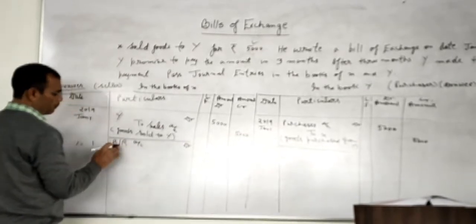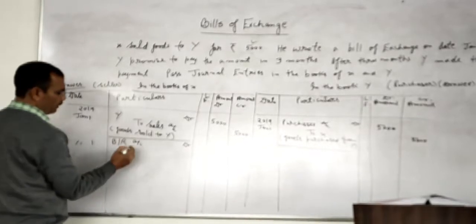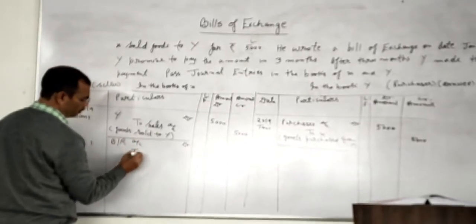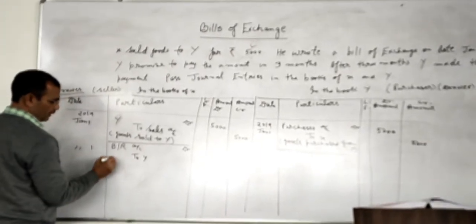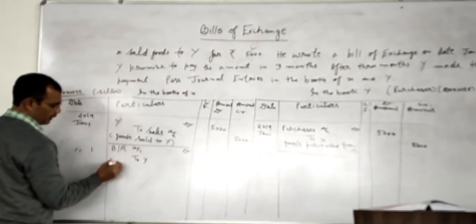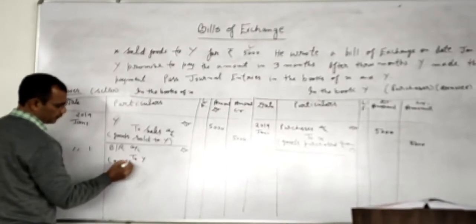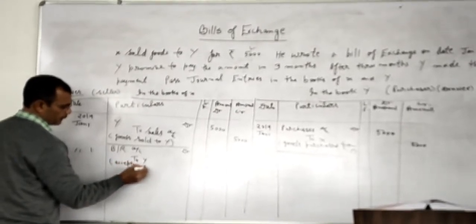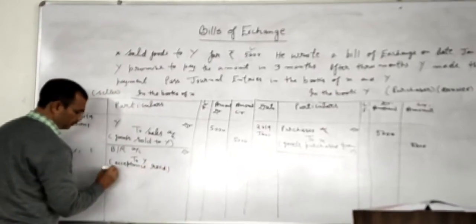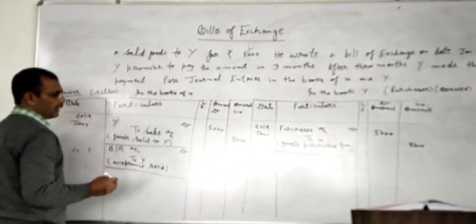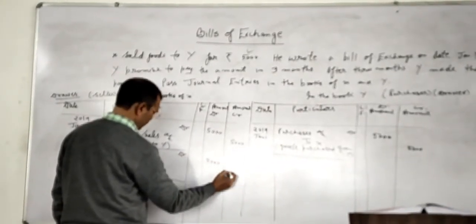What does BR mean? Bills receivable. BR account debit to Y. Narration is acceptance received, and the amount is the same, 5,000.